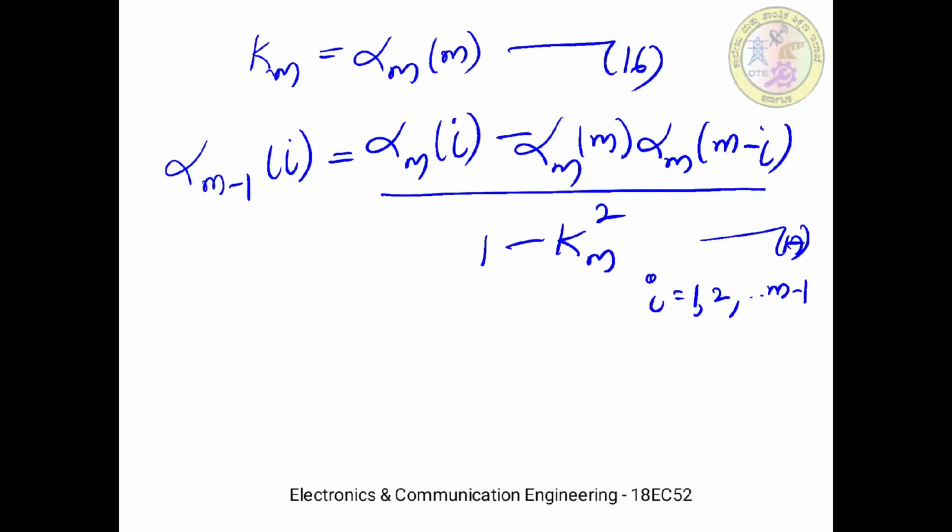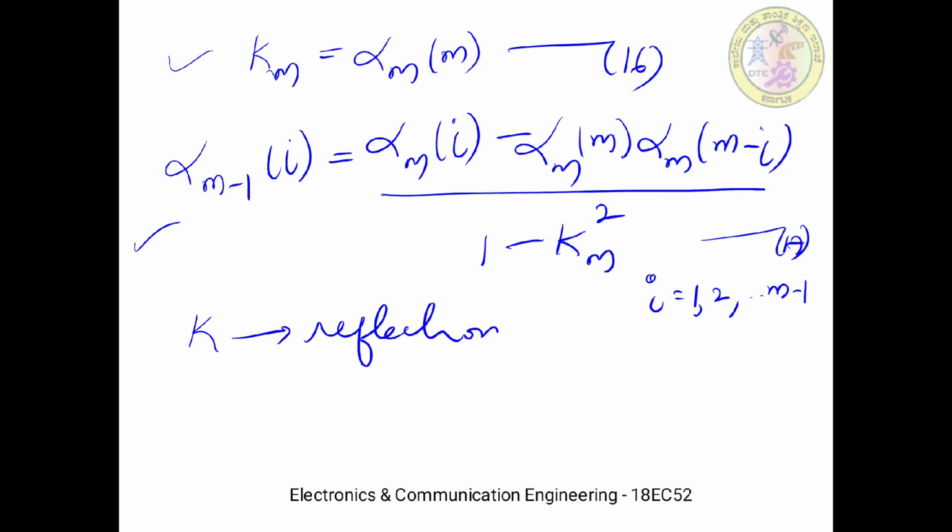These are equations 16 and 17, using which it is possible to realize the lattice structure by calculating the reflection coefficients with the help of direct form coefficients. Here k are the reflection coefficients and alpha represents the direct form coefficients.